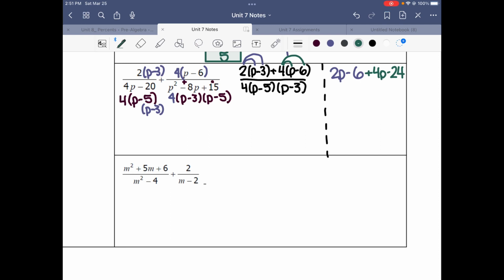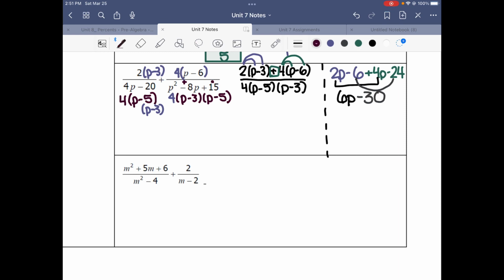If this problem had been subtracting right here in the middle instead, I would have multiplied that by negative 4 instead of 4, just FYI. And then I'm going to add the p's together. That gives me 2p plus 4p is 6p. And negative 6 plus negative 24 is negative 30.